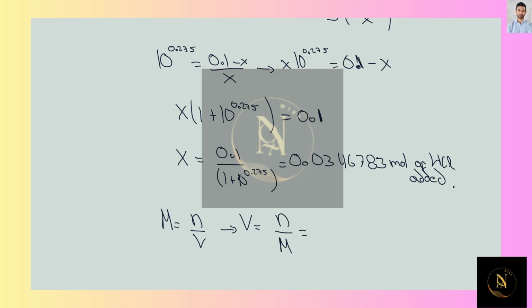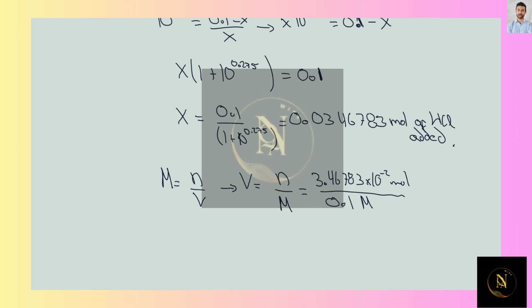So we're going to put this number, 3.46783 times 10 to the minus 2 mole, divided by the molarity of my solution, which is 0.1. This is the same thing as multiplying by 10. And the result is going to be given in liters.